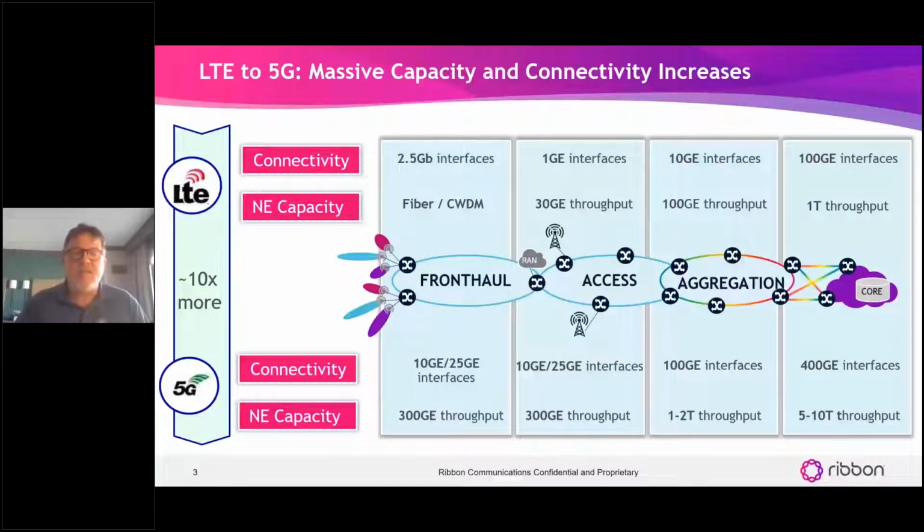So you are basically seeing a 10 times multiplier across the board on every interface, every device participating in the cellular network. Not only that, but you're going to end up in many cases with 10 times the remote radio heads, right? 10 times the antennas.